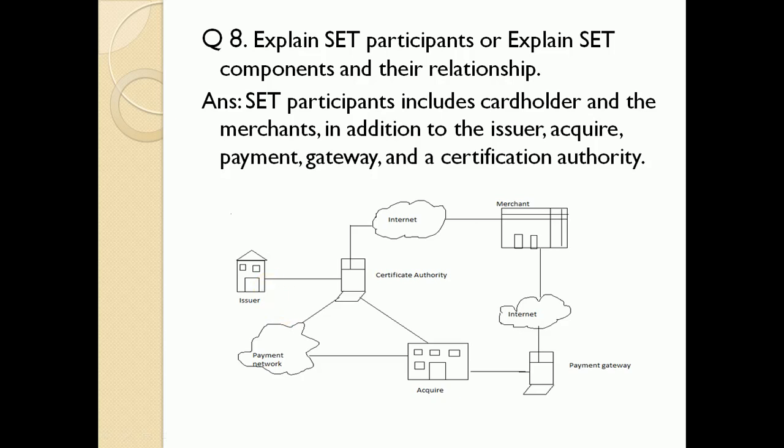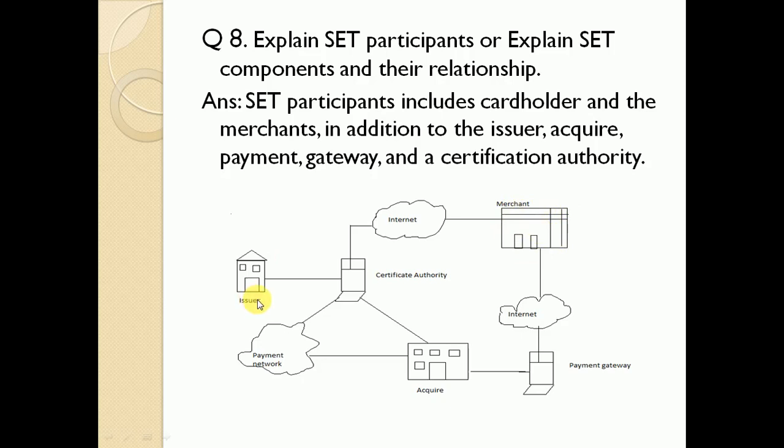So what will a card holder do? The card holder is a consumer or corporate purchaser in the electronic environment who interacts with a merchant from a personal computer over the internet. Okay. Then the merchant. This merchant is a person or organization that has goods or services which they provide to the card holder.